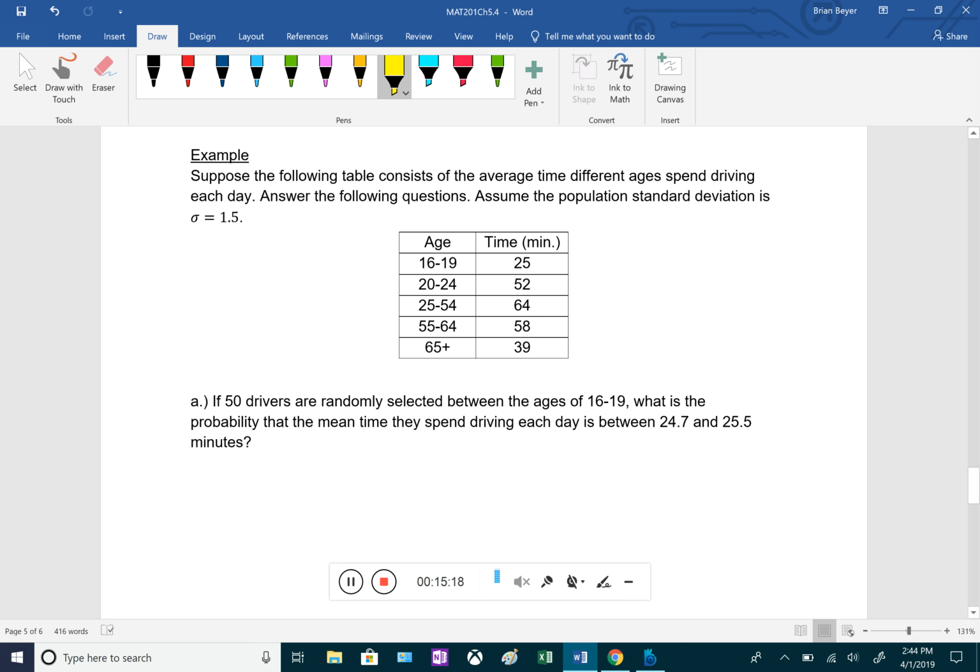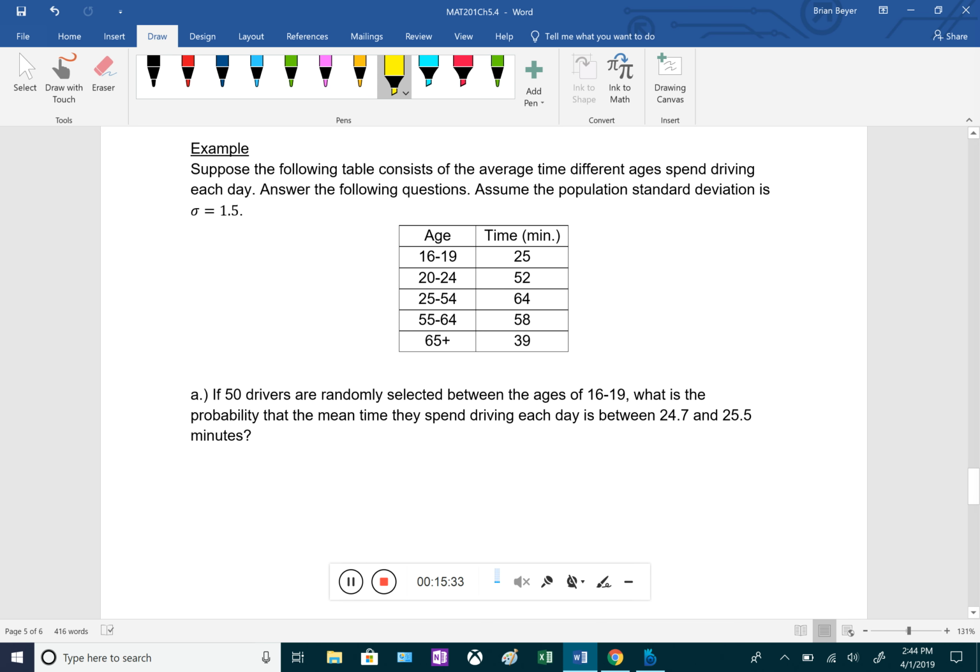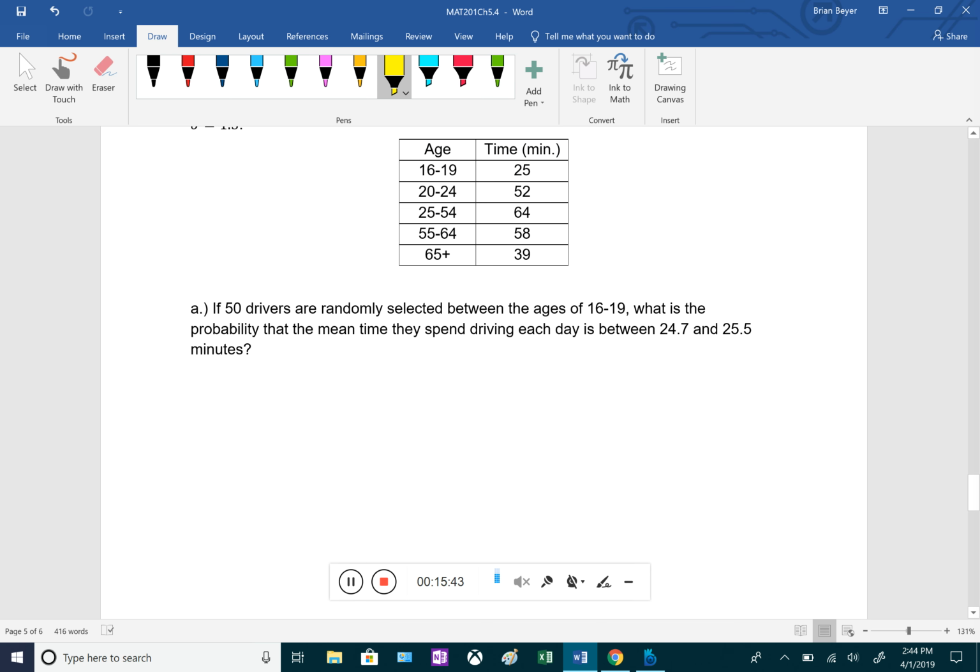Okay, let's do two examples here. So suppose this table consists of the average time different age groups spend driving each day. Answer the following questions. Assume the population standard deviation is sigma equals 1.5. Okay, so we have this age group column on the left, and then the time they spend driving on average each day in minutes. So for the first question here, we have if 50 drivers are randomly selected between the ages of 16 and 19, which would be this first one, what is the probability that the mean time they spend driving each day is between 24.7 and 25.5 minutes?